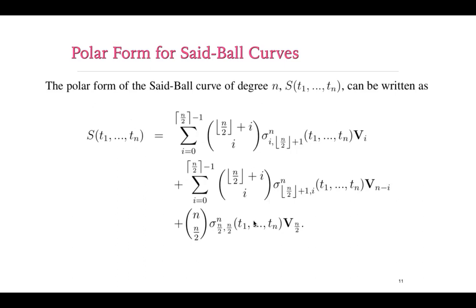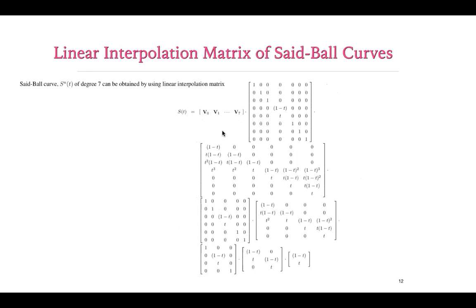and this is quite tedious and no one would like to do this, because we have the monomial form, which is better and easier to understand, and we can apply it to any kind of property of the curve. For example, this is a linear interpolation matrix. I will show you later in the work by Delgado and Peña, Spanish researchers.